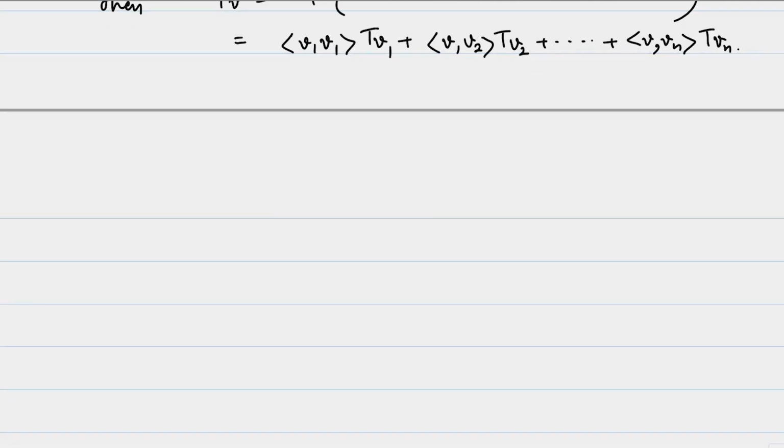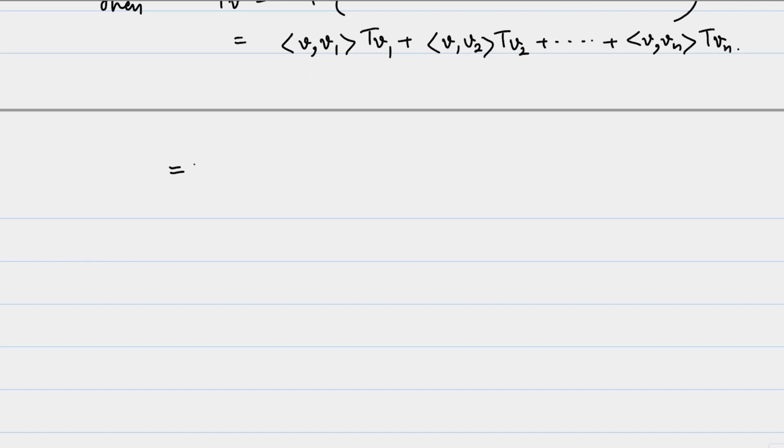This is precisely what the properties of a linear transformation will give us. But this is an inner product, and the inner product of v with V1 is a complex number or a real number, a scalar rather. And T(V1), because T is a linear functional, is also a scalar. So this is a product of scalars.